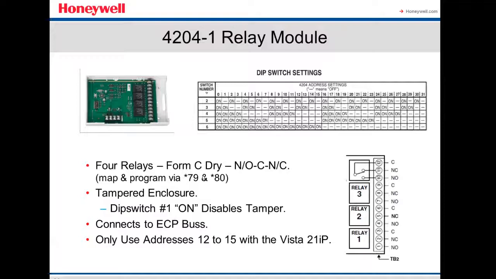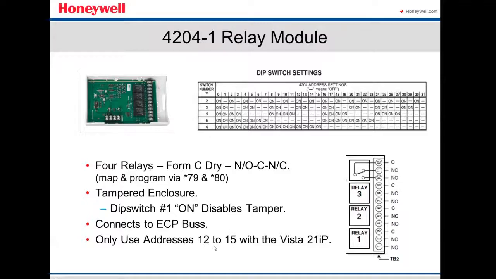This is another accessory, another expander, but this is a relay module expander, the 4204-1, which gives you 4 additional relays. Same way, you have to address this first in order for the panel to recognize it, and in this case it's from 12 to 15.